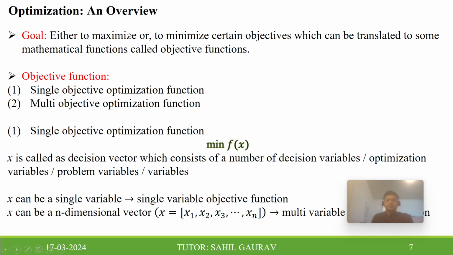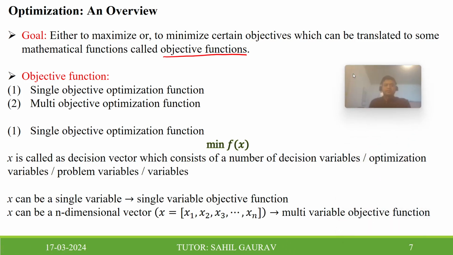This objective function can be divided into two types: single objective optimization function and multi-objective optimization function. In the single objective optimization function, you have to minimize f(x), a single function only, where x is called the decision vector, which consists of a number of decision variables.